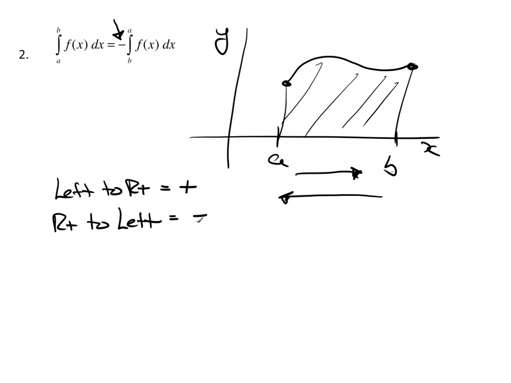The absolute value of the integral from b to a is equal to the integral from a to b. So take the absolute value of the negative, and it's going to be the same as the positive over here. So in other words, if I integrated this, and this was equal to, say, 2, and if I integrated from b to a, this would give me a negative 2. Well, the absolute value of negative 2 is 2.